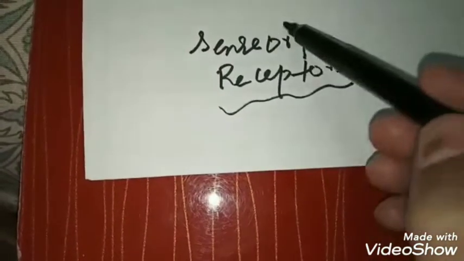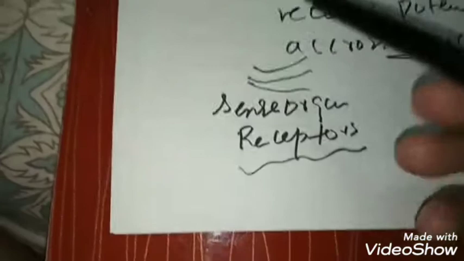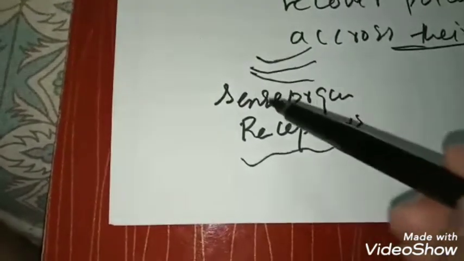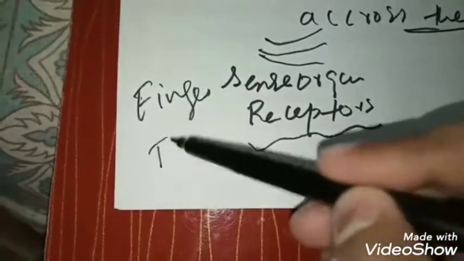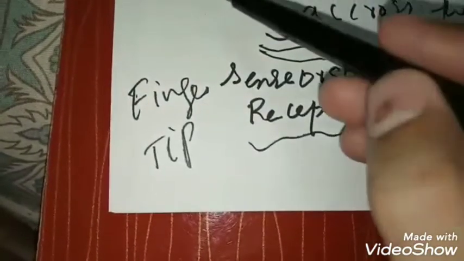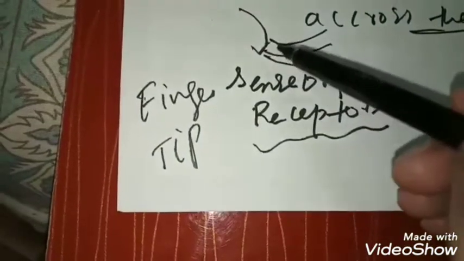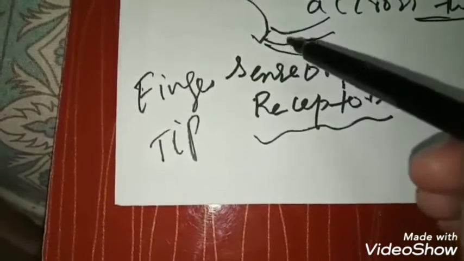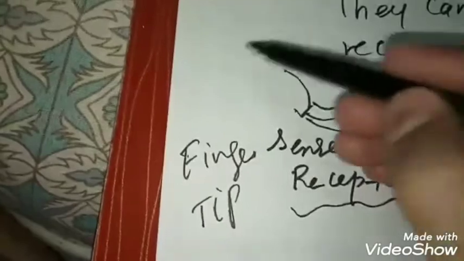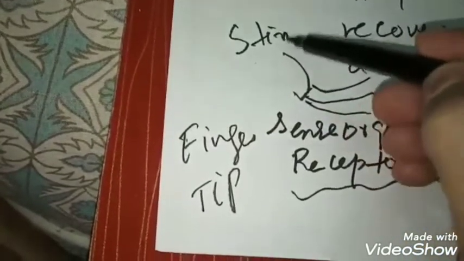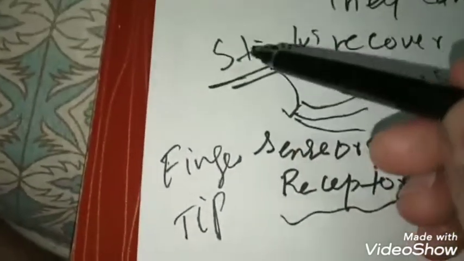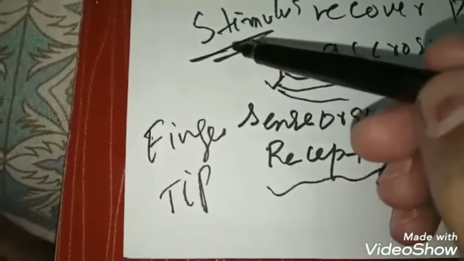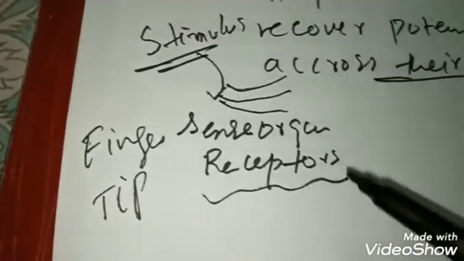Sensory receptors have neurons. Suppose these are the neurons in your fingertip. When someone touches your fingertip, this touch is detected by these neurons. This touch is called a stimulus. Remember, a stimulus is an external or internal change which can be detected by sense organs, receptors, or neurons. Understand?